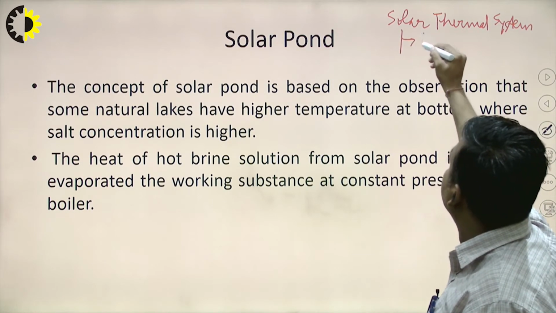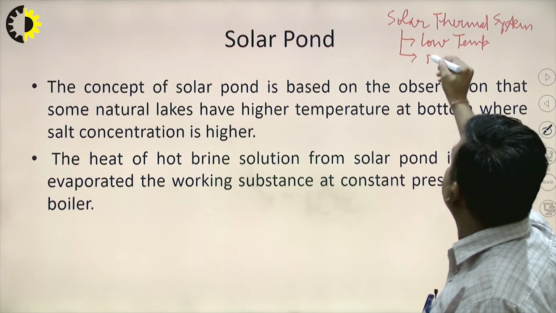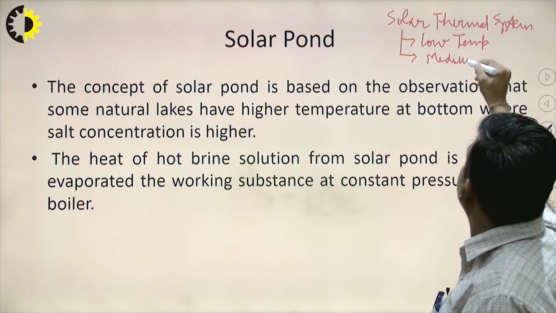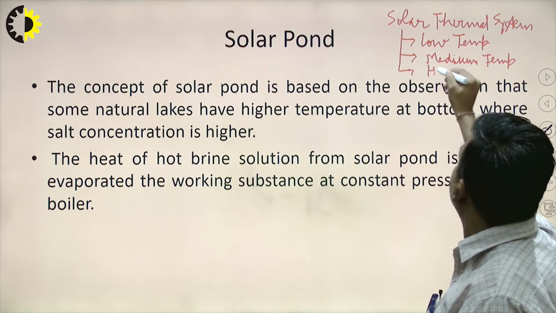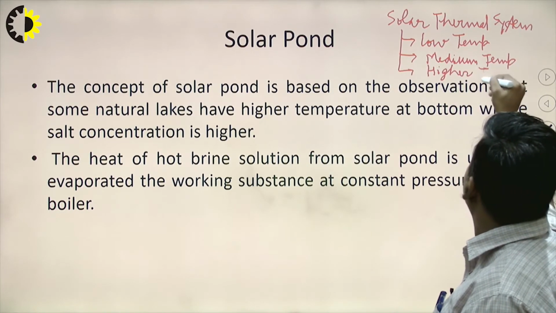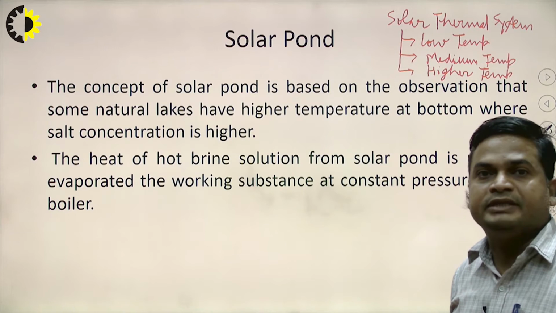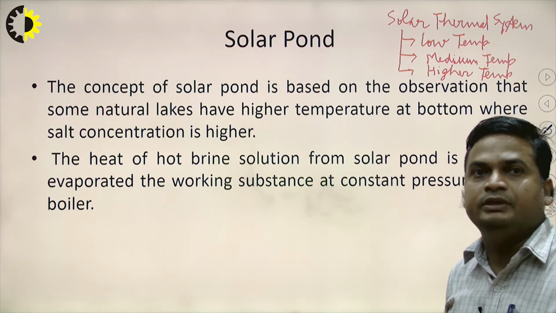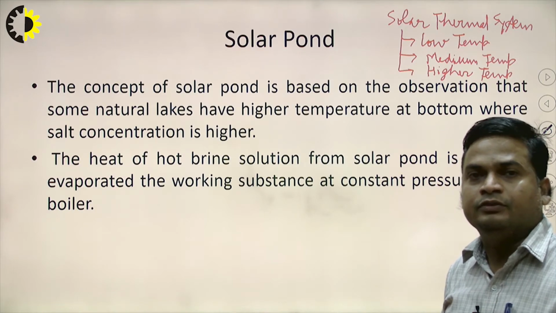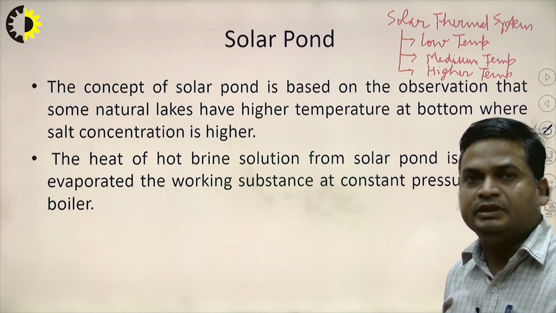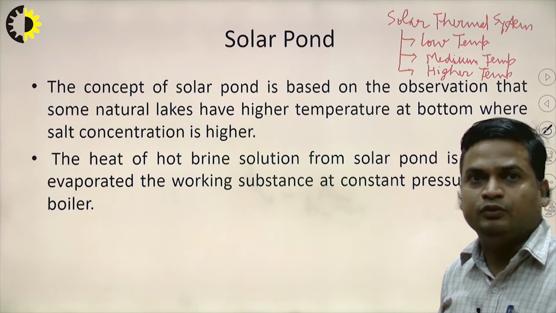These are low temperature, medium temperature, and higher temperature solar thermal systems, or we can say these are the different types of plants we use when we are utilizing the energy of the sun effectively. The capacity of the different types of power plant is different. Now, in this session we will discuss the solar pond.